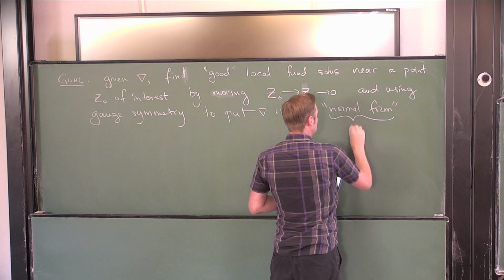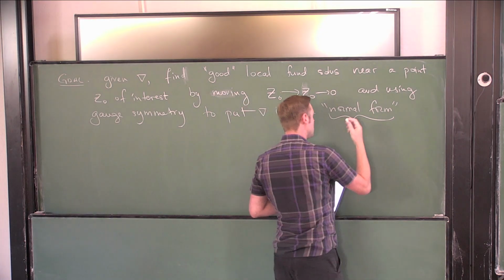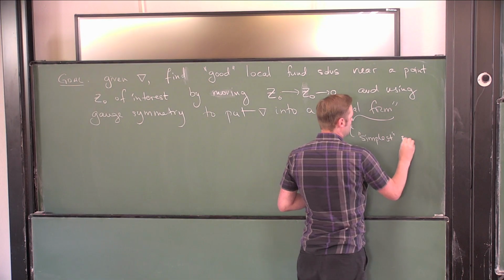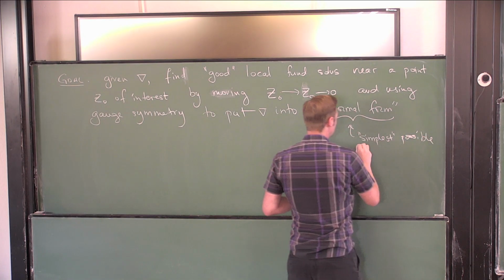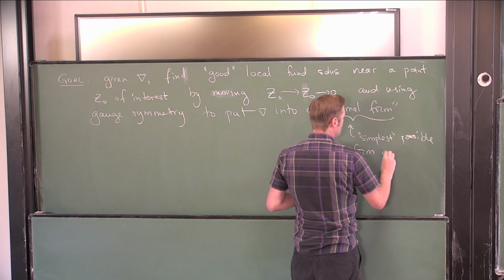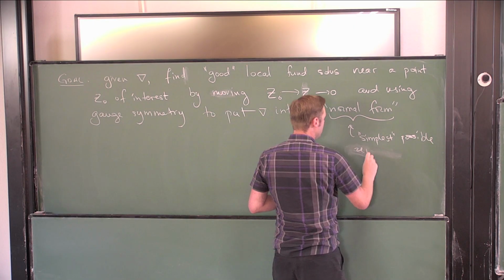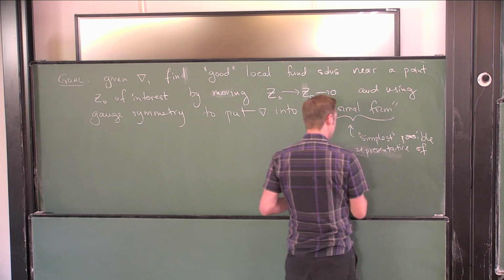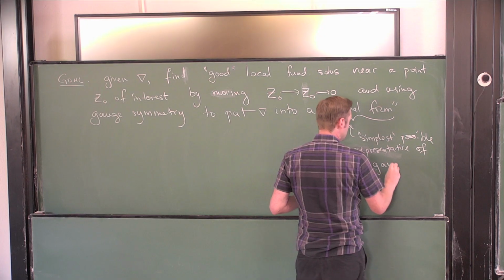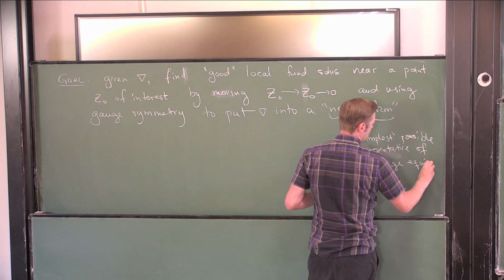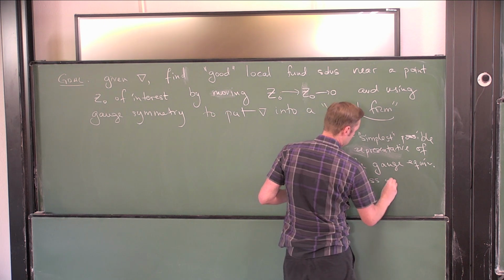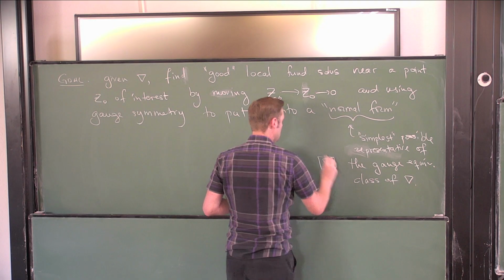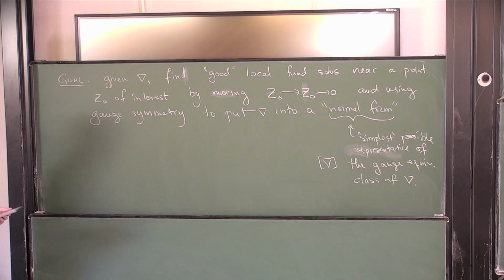So by this I mean, again, vaguely, the simplest possible form, or simplest possible representative of the gauge class, the equivalence class of nabla, which maybe I'll call nabla in square brackets.